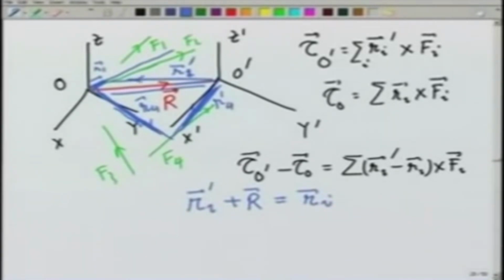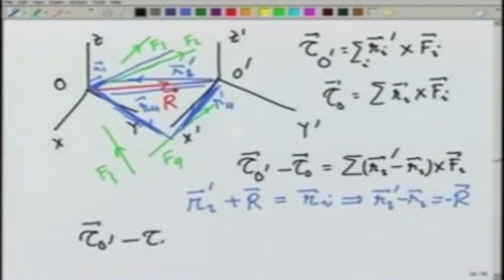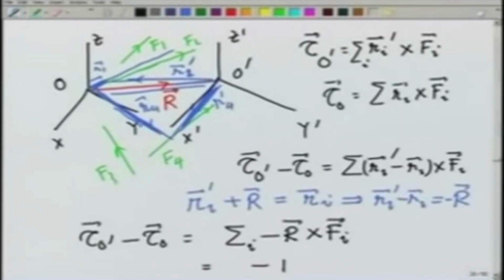So, r_i prime plus R is in general r_i, and therefore, r_i prime minus r_i is equal to R with a negative sign, and therefore, tau O prime minus tau O is equal to summation i of minus R cross F_i. R being the same vector, I can write this as minus R cross summation i F_i. That is the difference between the torques taken about point O prime and point O.